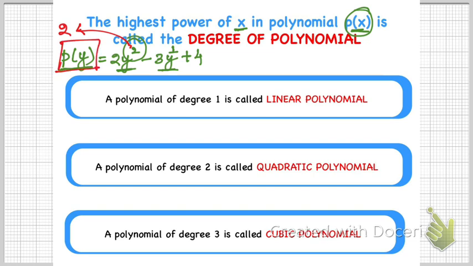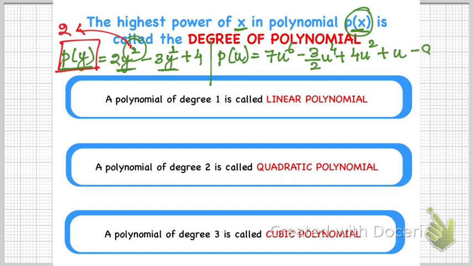Taking some more examples, considering p(u) is equal to 7u to the power 6 minus 3 by 2 u to the power 4 plus 4u square plus u minus 8.